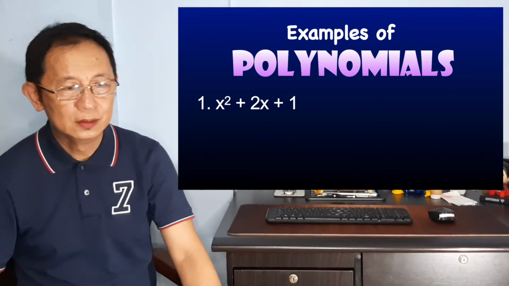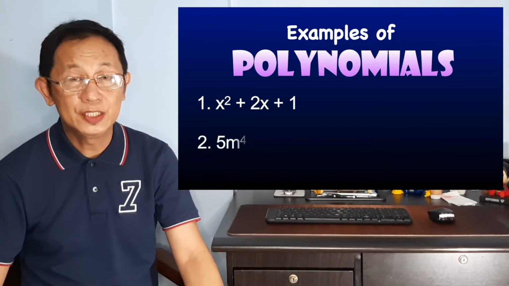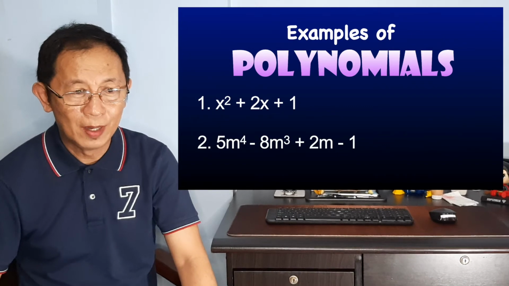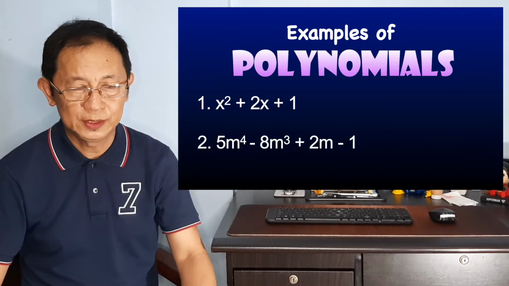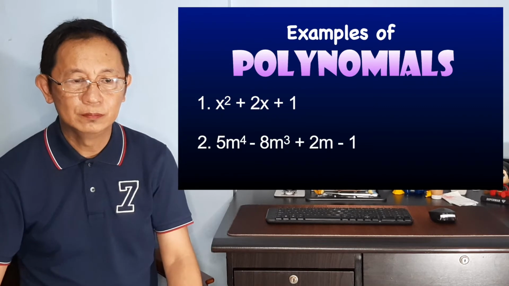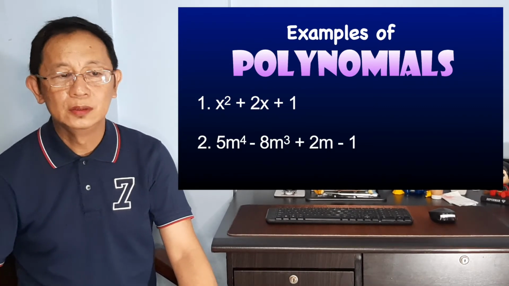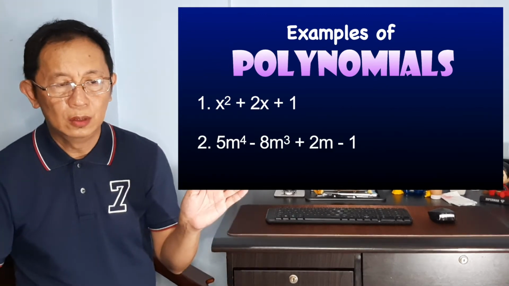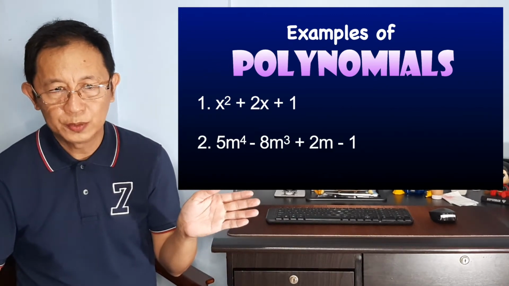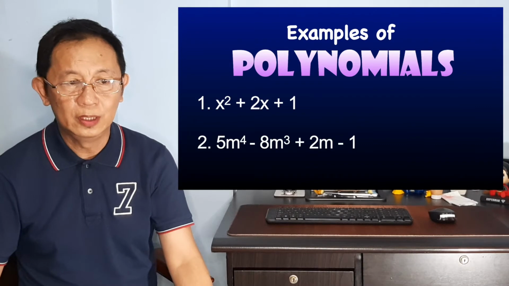Next, 5m raised to the 4th power minus 8m cubed plus 2m minus 1. So, all exponents are whole numbers.